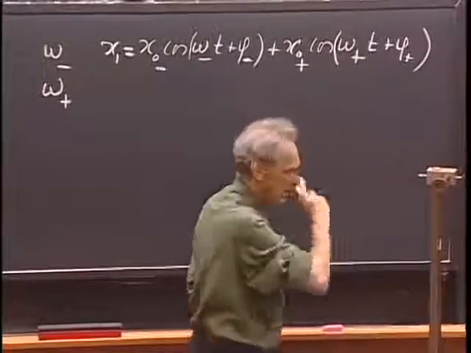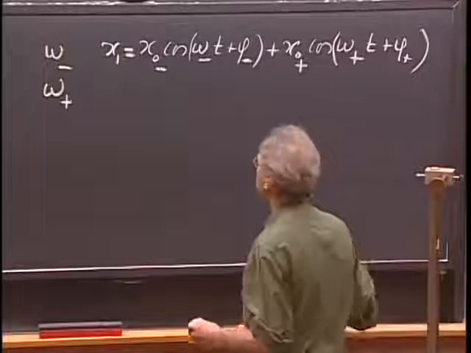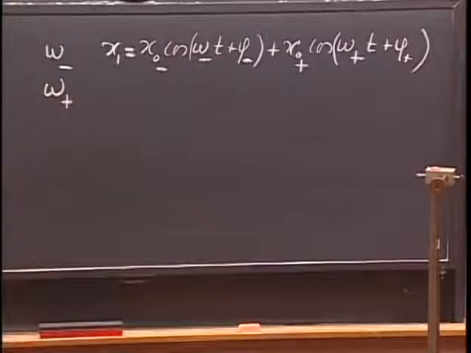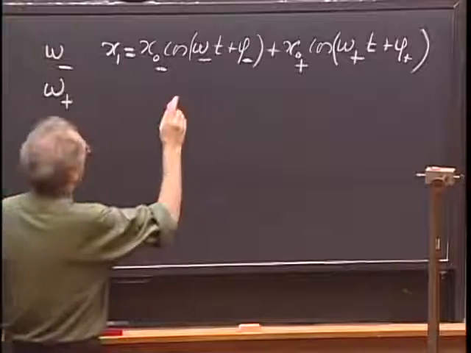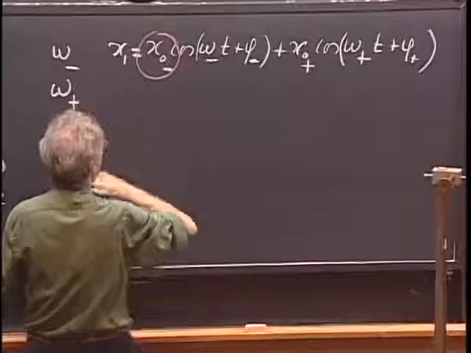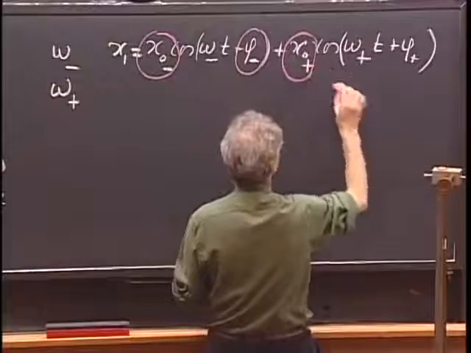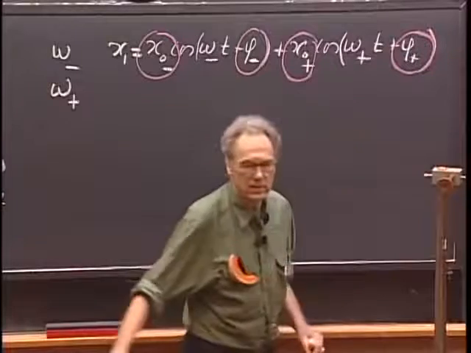Now let's look at this. Let's try to see through this, what this means. It means that if I know my initial conditions, I can determine this amplitude, I can determine this phase, I can determine this amplitude, and I can determine this phase.